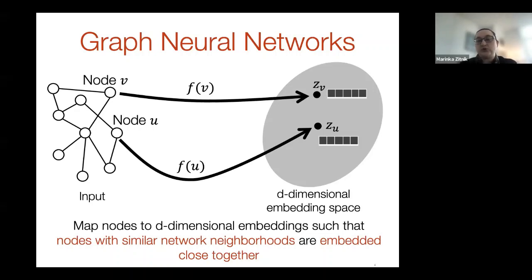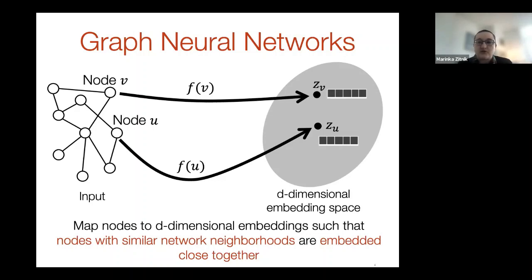So what we want to do is optimize the embedding space in such a way that it reflects the topology of the input graph, meaning that once we have these low-dimensional vector representations of nodes occurring in the graph, we can perform linear algebra operations on them, and that should reflect the topology of the input graph.